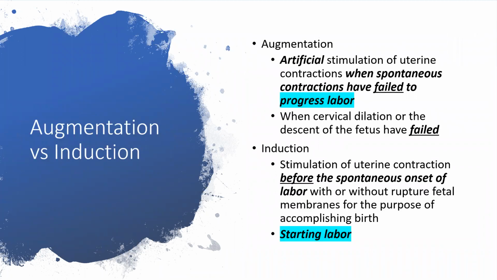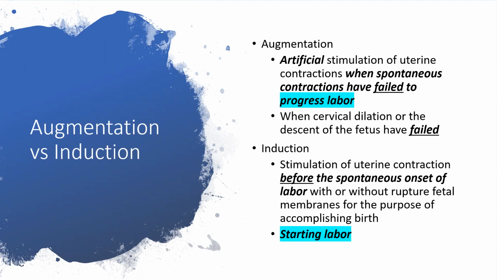These two words here are going to be for sure very important. We have augmentation, which means continuing the laboring process. And then we have induction. The word you frequently hear is someone's going to be induced for labor. This is starting the laboring process.